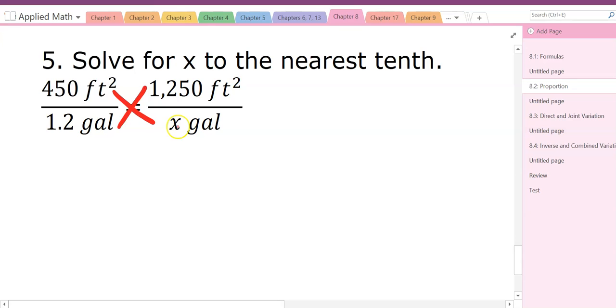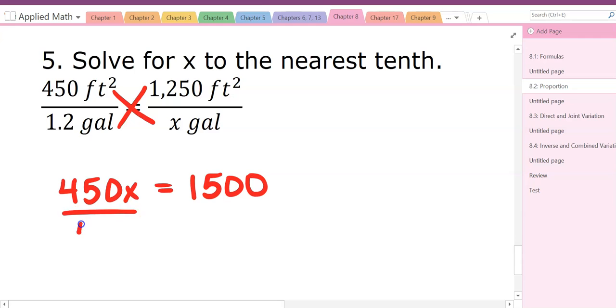So I would just multiply the numbers, because you're going to take 450 times the x, which would be 450x. And then I'm taking 1.2 times the 1250. So if I take 1.2 times 1250, let's see, what am I going to get? 1,500.